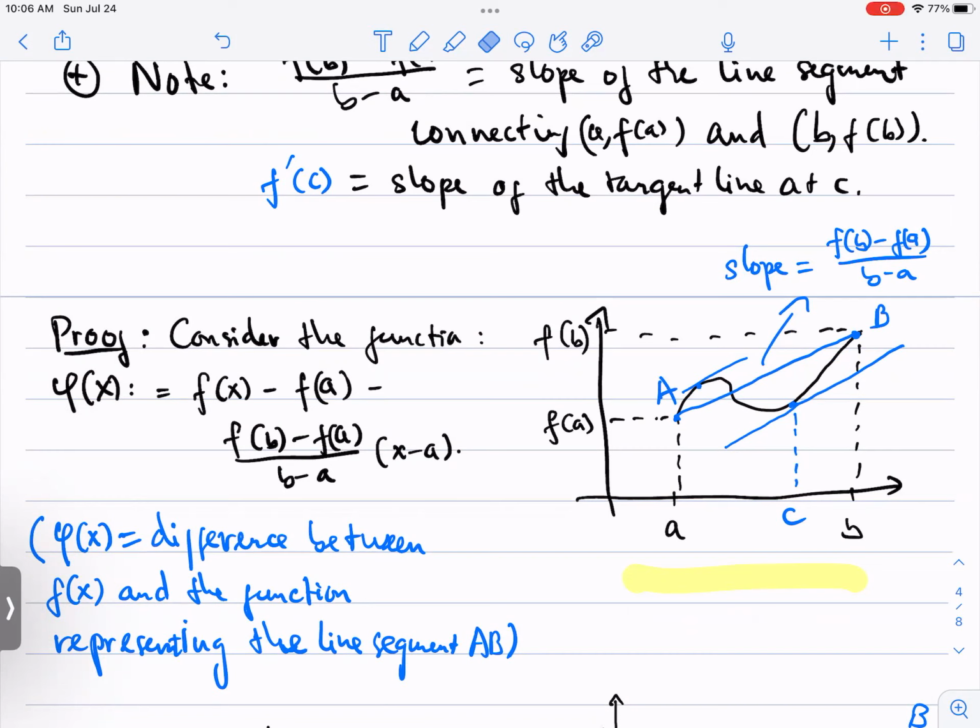Then the mean value theorem says that there must be a point C within this interval from A to B such that the tangent line at this point C is parallel to the line segment AB.